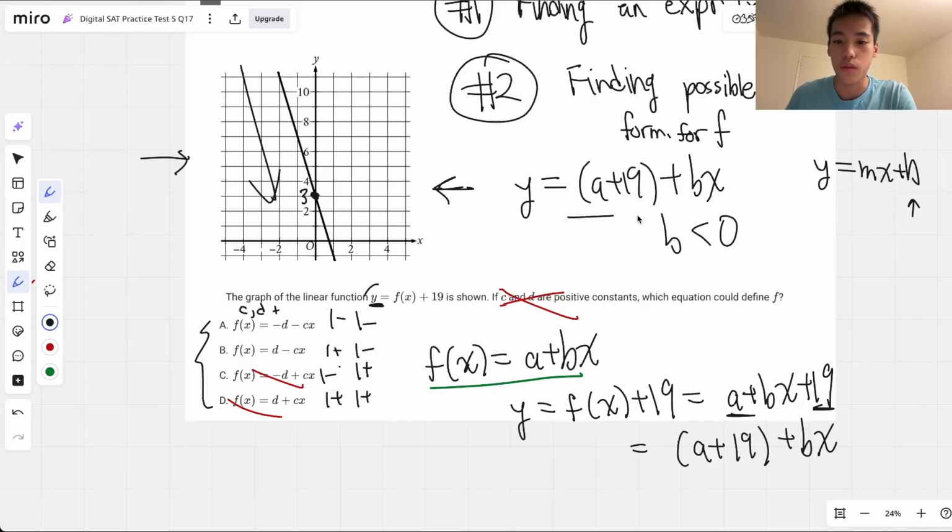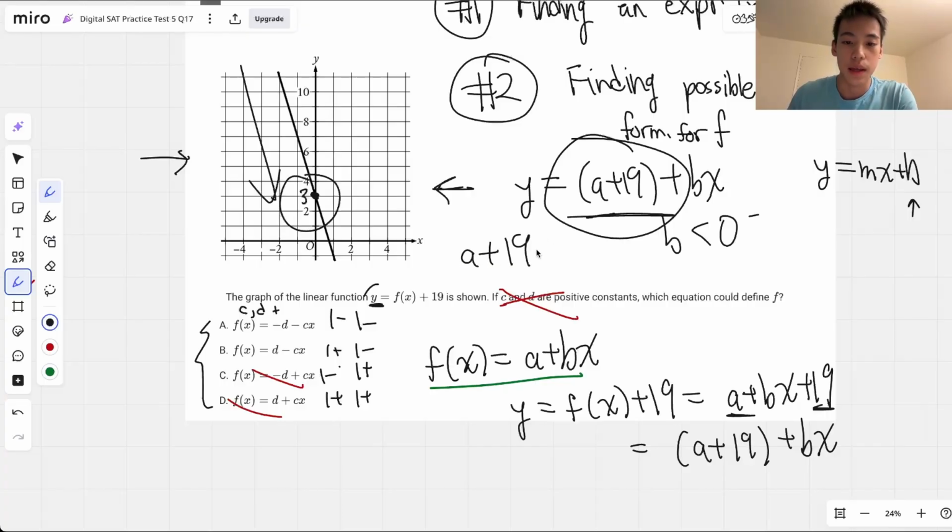Same thing for a plus 19, which is just the intercept here. So now we can say that a plus 19 equals 3, just matching the coefficients, and a equals negative 16.